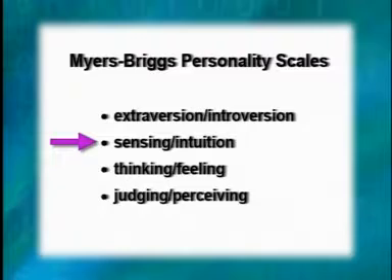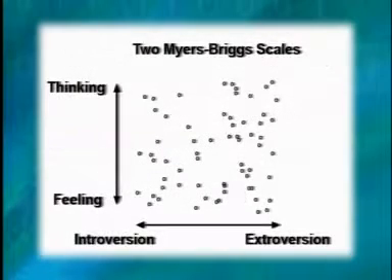In other words, if we plotted a scatter plot of people in the population, and for each one we put down their score on the introversion extroversion scale, and then their score on the thinking feeling scale, every person would have a dot on this scatter plot.